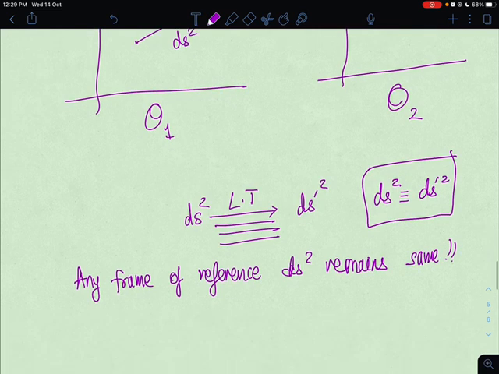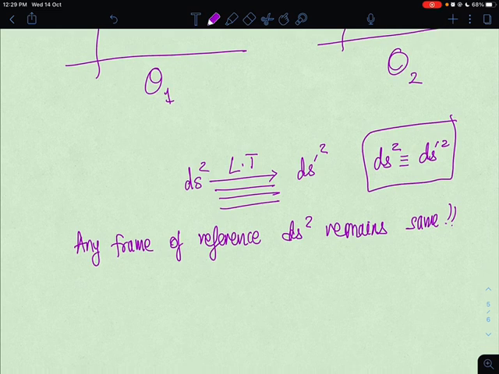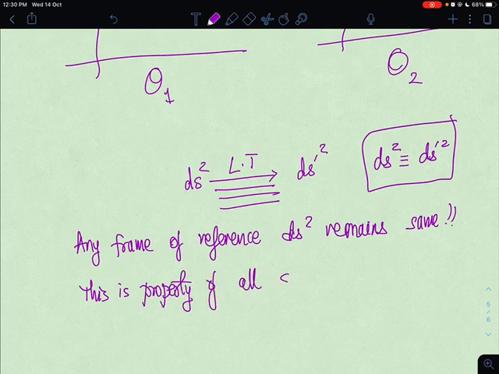So this line element will remain the same, and this is a property of all scalars. This ds square is a scalar quantity, it doesn't have any index. This is a property of all scalars. What do I mean by scalars?